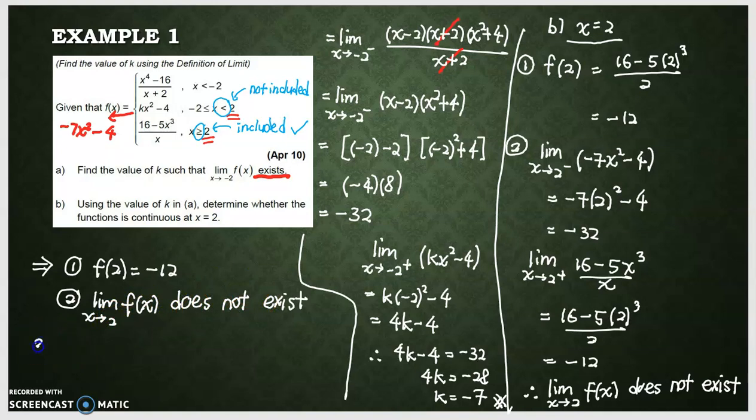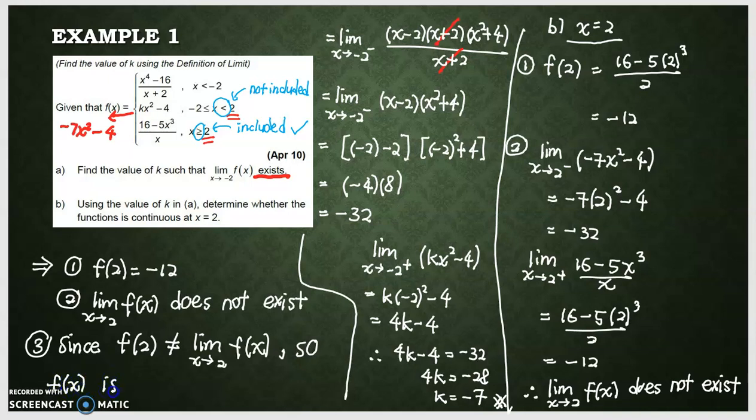So in the third condition, since f(2) is not equal to the limit of f(x) when x approaches 2, f(x) is not continuous at x equals 2.